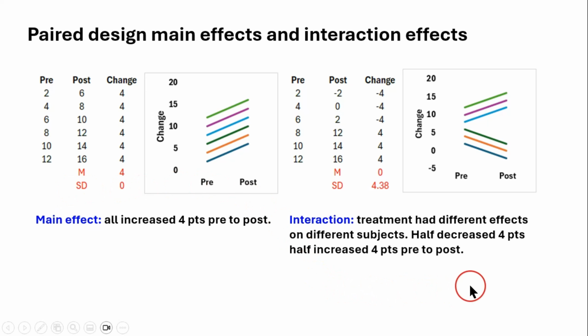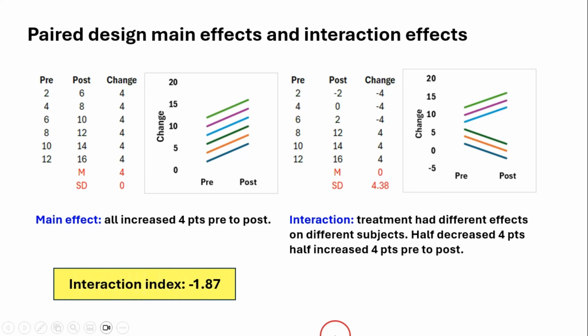So I computed that. I'm not going to go into too much detail on that, but it just gets to the fact that with this main effect design, with the pair design, you can get a little better handle on the interaction and you can quantify it. So the one on the left over here for the main effect, I calculated this interaction index, which is just a little bit of extra information not in the book.